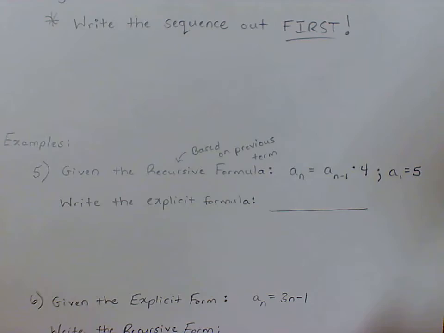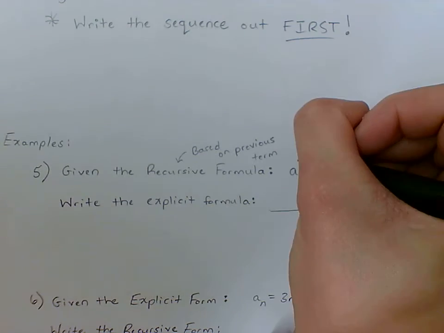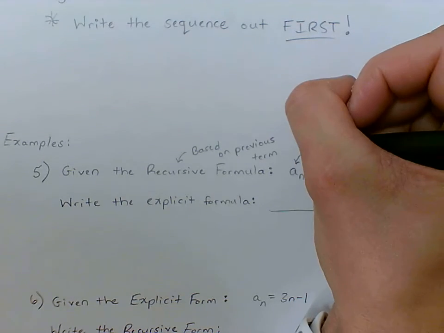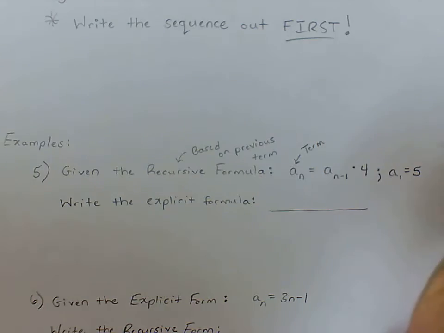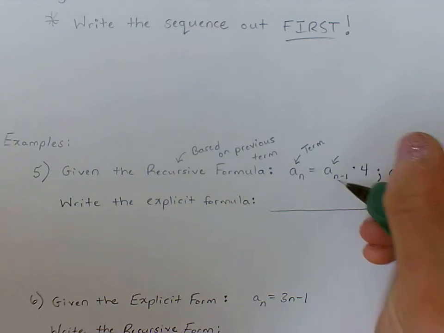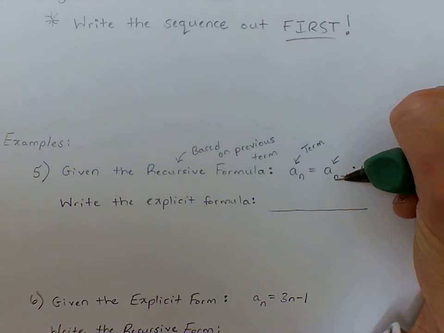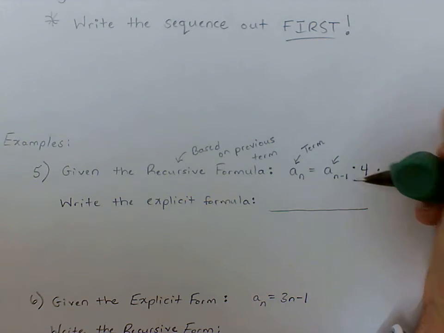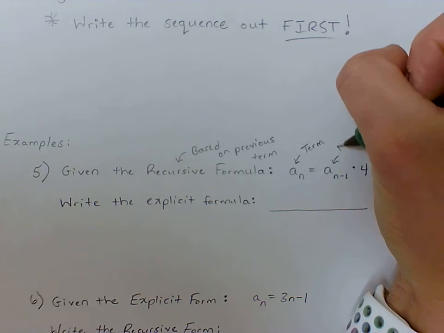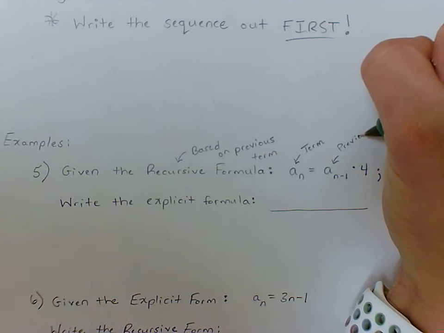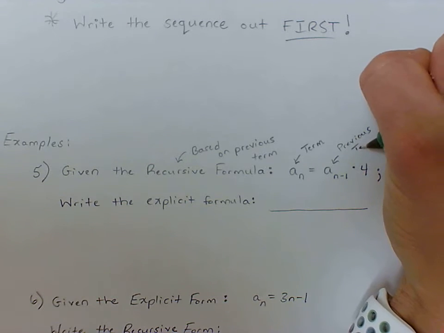This would be like your next term in your sequence. And the a with a little subscript of n minus 1 is the term with the position right before that one, so this would be your previous term.